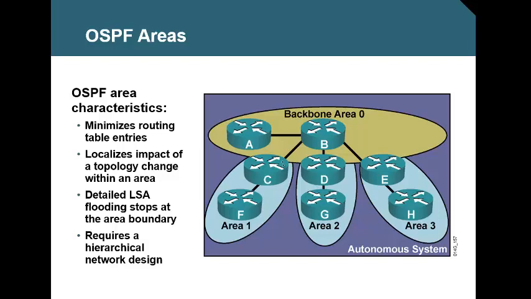Why is this called ABR? One link is connected in area 0, the other link is connected in area 3 or 2 or 1. Those routers that belong to area 0 as well as a regular area, transit and regular, backbone and non-backbone, those routers that are in the borders are called area border routers, ABR. The ABR is the place where we do summarization.